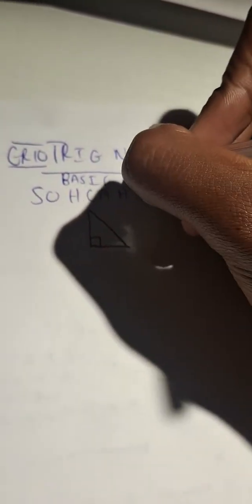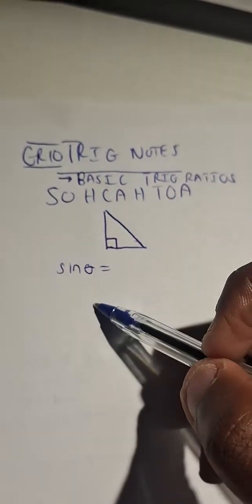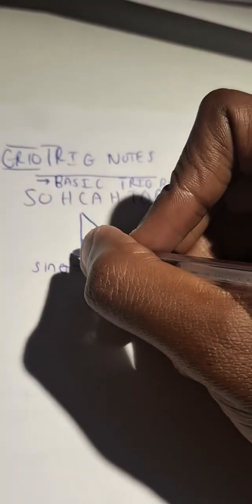So we have the basic trig ratios, right? And we know that they are sine of theta. Now guys, theta is just a letter of the alphabet.